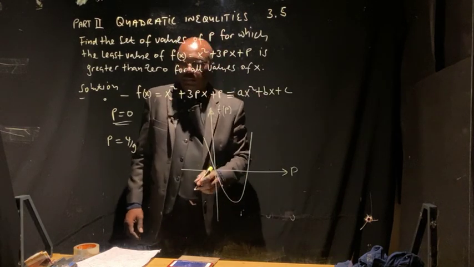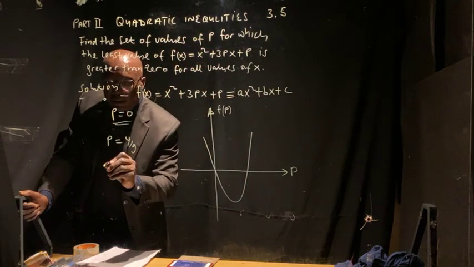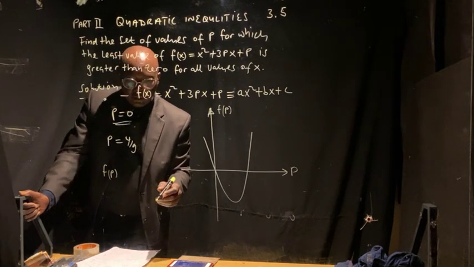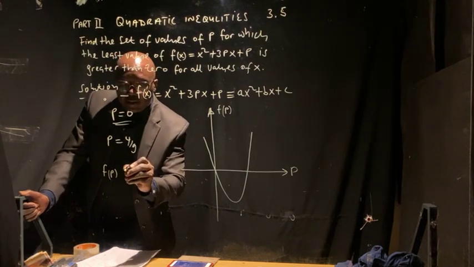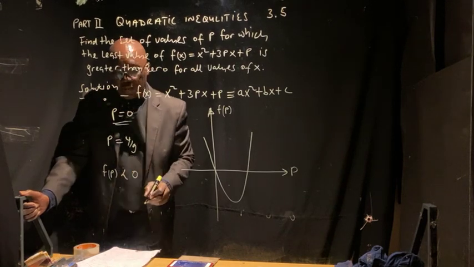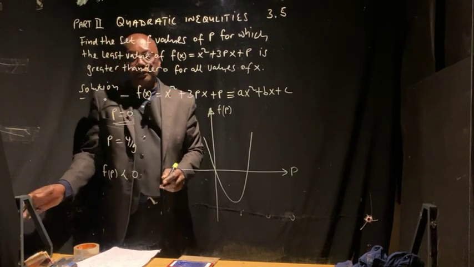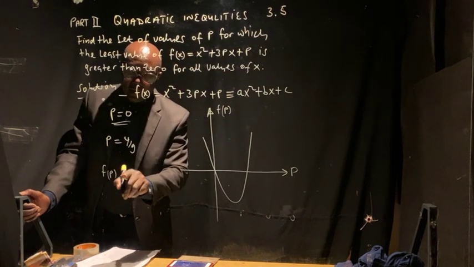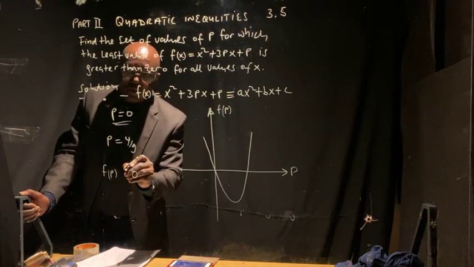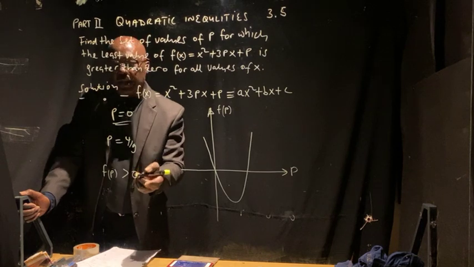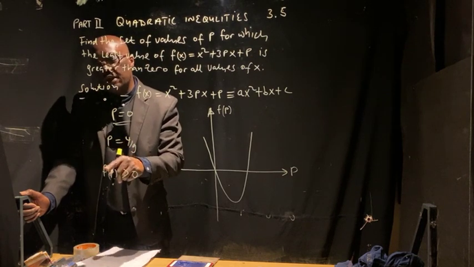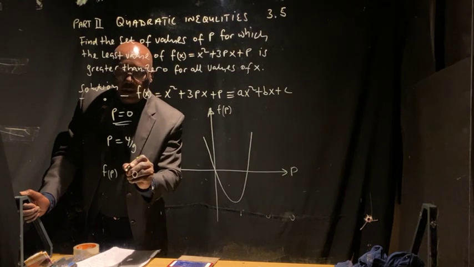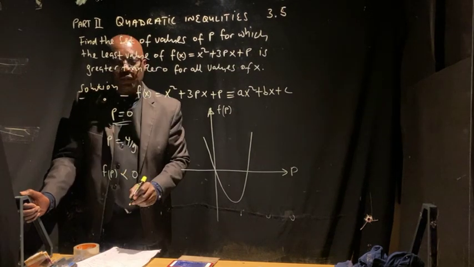But remember, we found out that f of p was less than 0. Because at some point before, f of x was greater than 0, and then we multiplied both sides by -1, and then the sign changed and became f of x is less than 0.